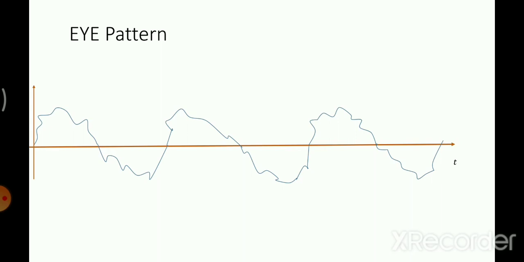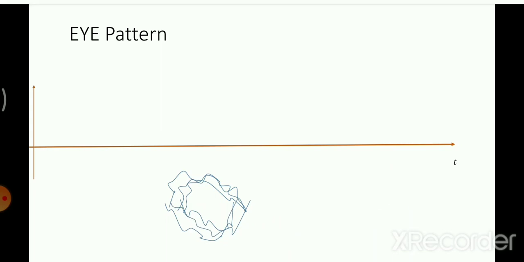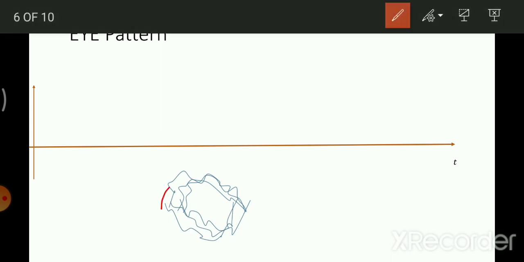What I want to say is, suppose I take one here and this one here like this, you can see everything is confined to a single duration TB. I'm just superimposing all these segments. So now you see it is looking like an eye, a human eye.